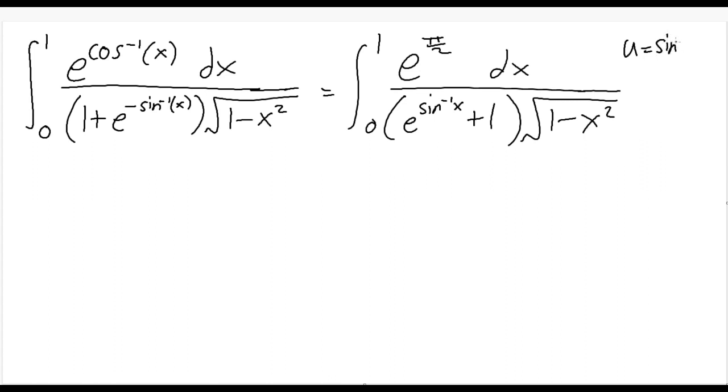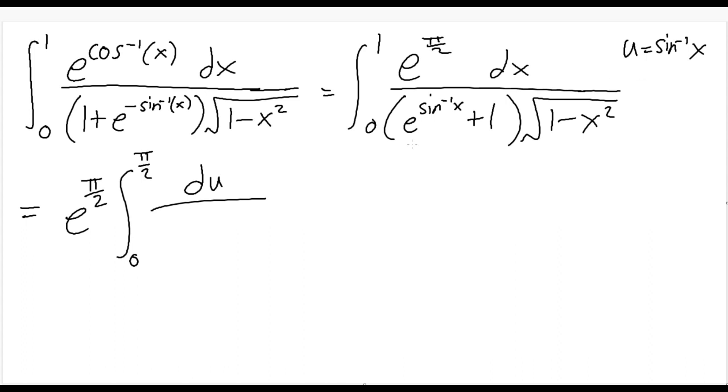The limits become: inverse sine of 0 is 0, inverse sine of 1 is pi over 2, with a constant e to the power of pi over 2, and you get du over e to the u plus 1. Okay, cool.